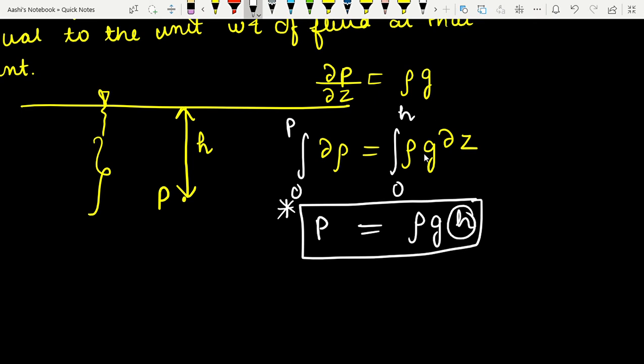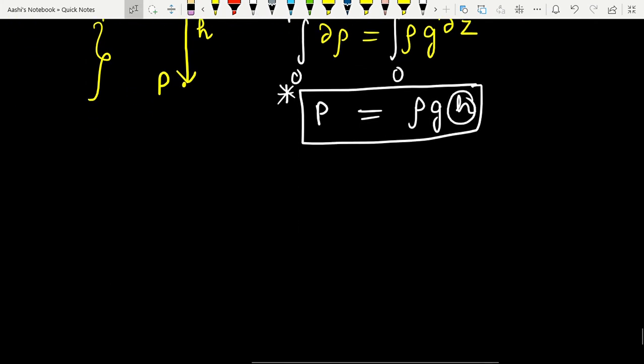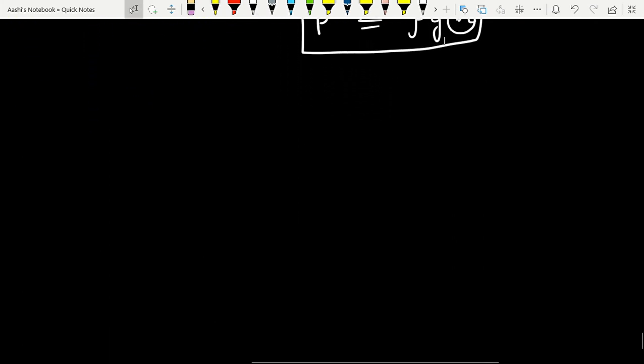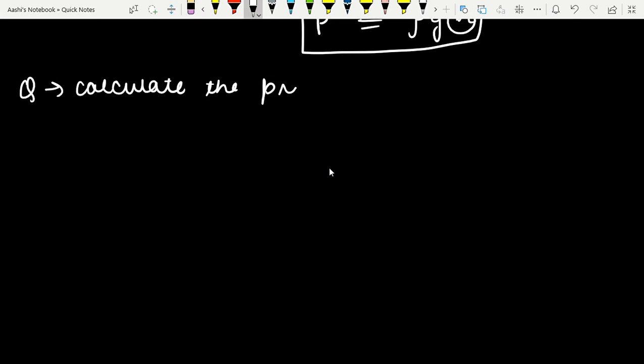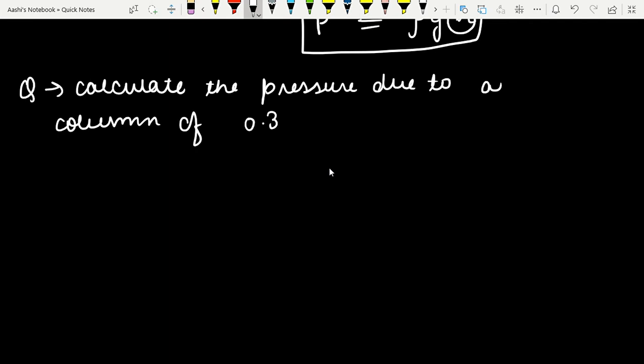Now, based on this, I will be solving very basic numericals. First let me take one problem based on Pascal's law and then quickly on hydrostatic law. So the problem is: calculate the pressure due to a column of 0.3 meters of water.